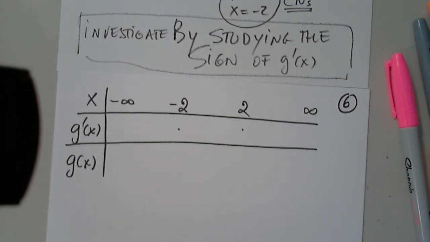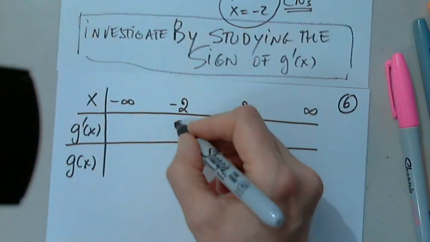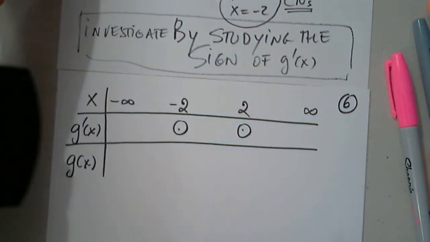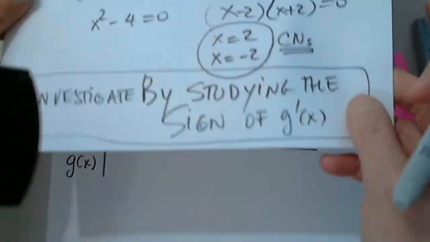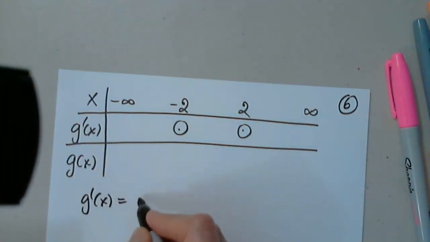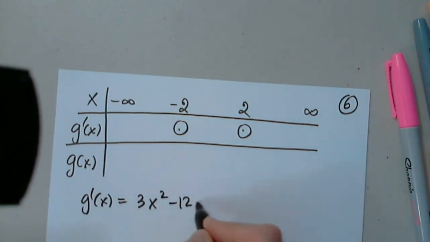What does it equal at negative 2 and 2? 0. Of course. That was another tricky question. Good. So now I'm going to copy g prime of x here as 3x squared minus 12.